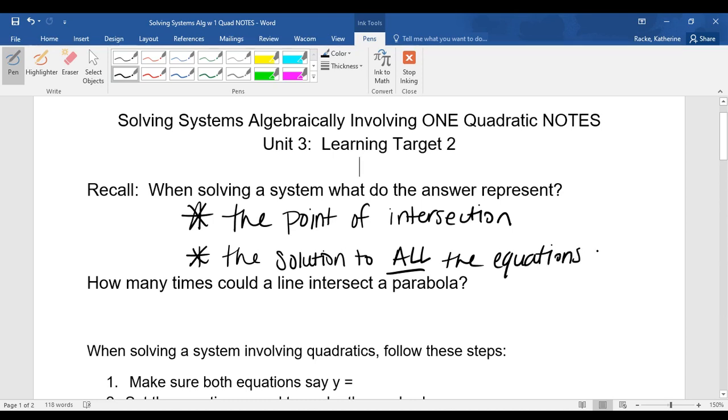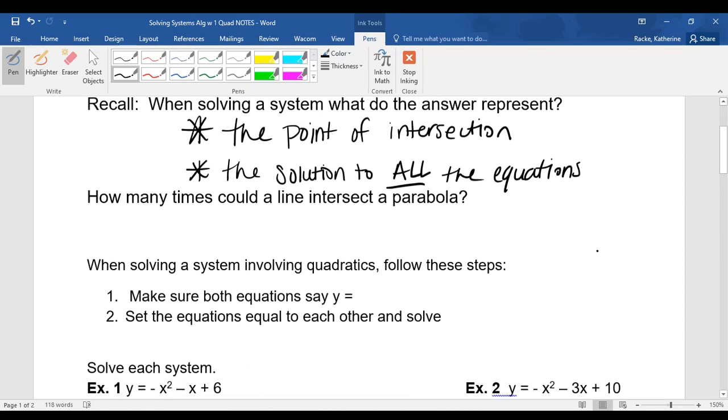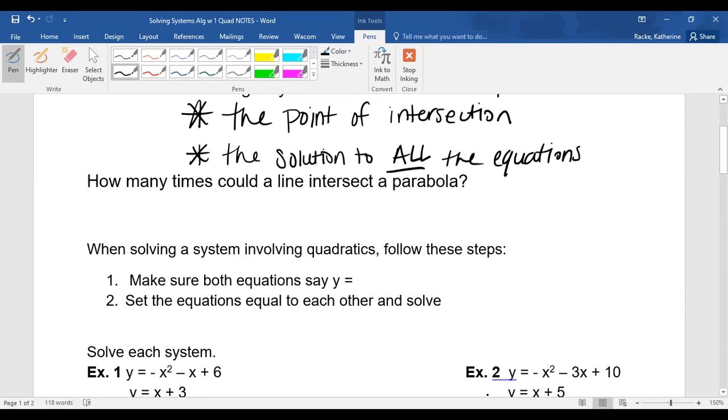Okay, so how many times could a line intersect a parabola? Well, we could have a few different answers. A parabola, let's recall, looks like a U, or it can look like an N. So if I had a line intersect this way, that gives me two solutions because there's one point and there's one point where they intersect.